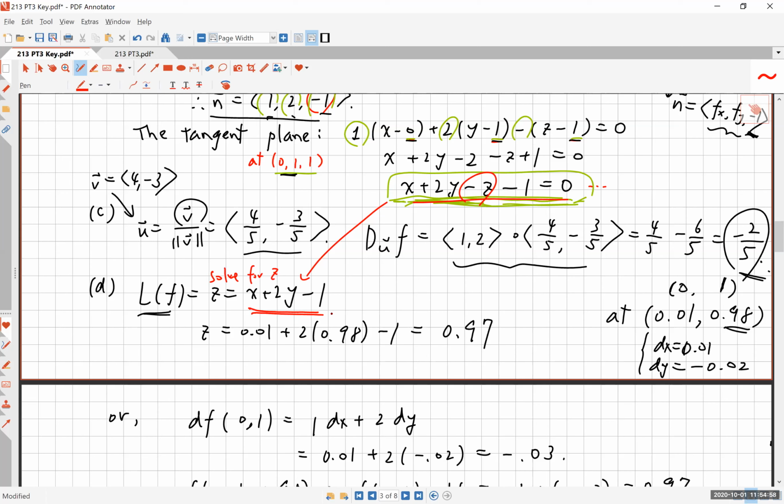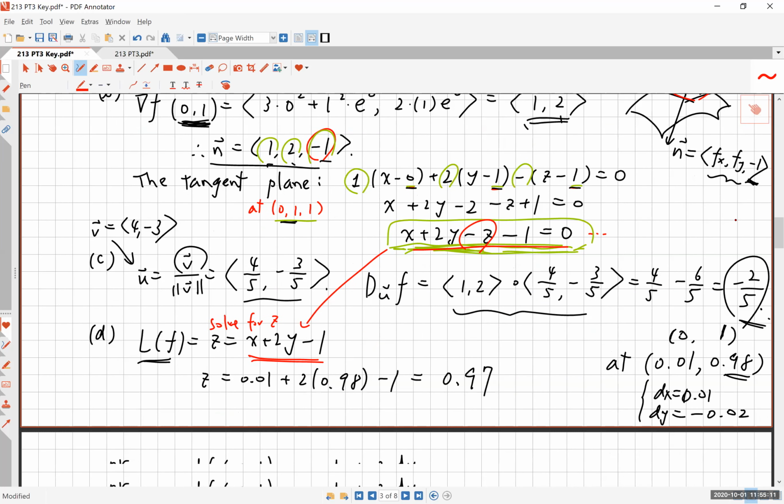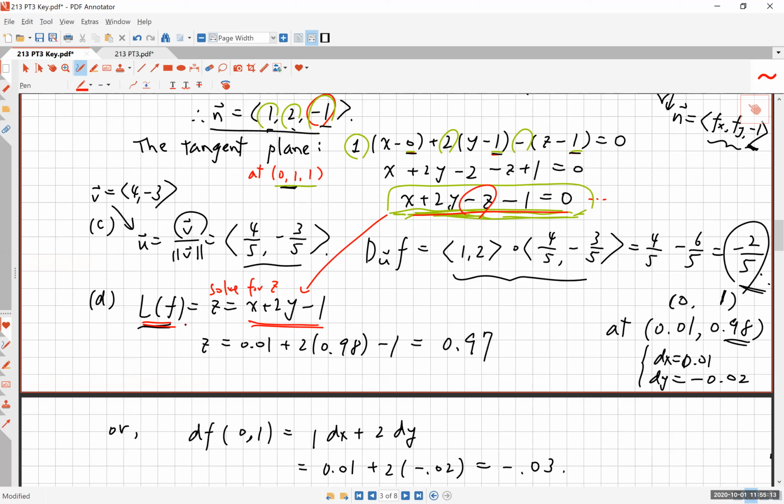And remember, this will be a linear function. There will be no squares, no cubes, no square roots, or no sine and cosine, because it is a linear function. I mean, after all, it's a plane, right? It's a flat plane. And so this is going to just give you the linearization. You can just plug in numbers, 0.01 for x and 0.98 for y, and you will get your answer here, all right?